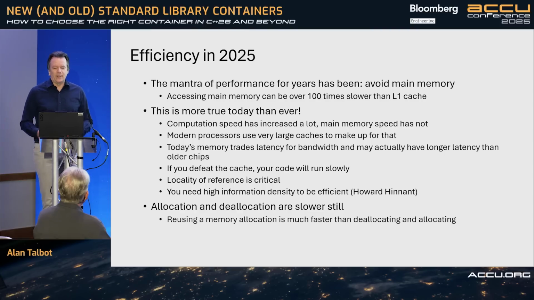And modern memory, I just learned this myself, actually, from Fedor Pikus's C++ Now talk last year, trades latency for bandwidth. They want to get more over faster, and to get to that, they actually increased latency over earlier chips.